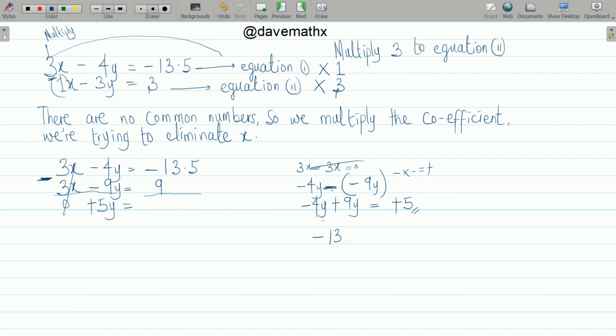After that, we can deduct minus 13.5 from minus 9. This gives minus 22.5. Then we can divide by the coefficient of y, which is 5. Minus 22.5 divided by 5 gives minus 4.5.